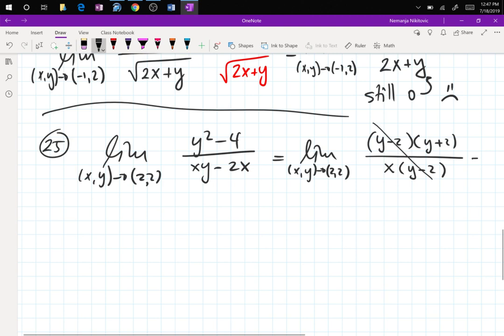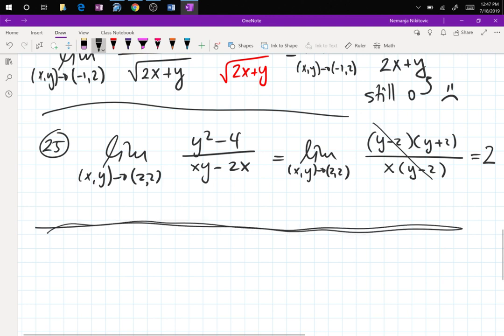What you get is 4 divided by 2. The limit is 2. So you have, again, a limit where you had to plug in, got 0, and then had to factor, use algebra to solve this.